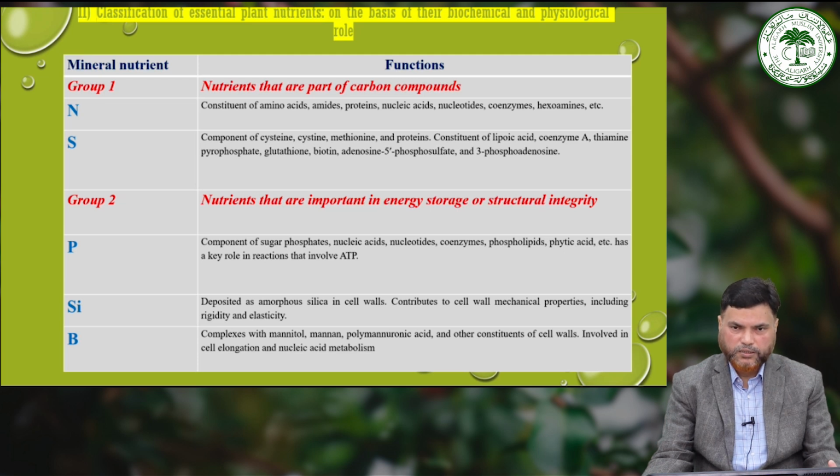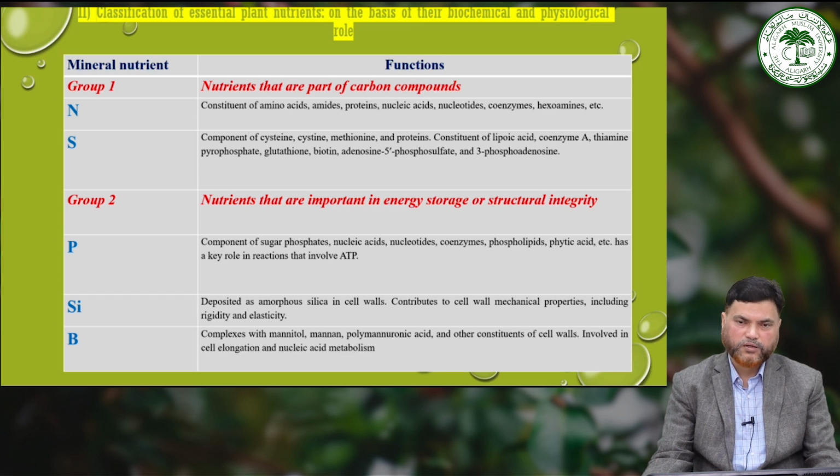Now, in the second group there are three essential mineral elements, namely phosphorus, silicon and boron. They are essential elements and play a very crucial role in energy storage or structural integrity within the biological systems.